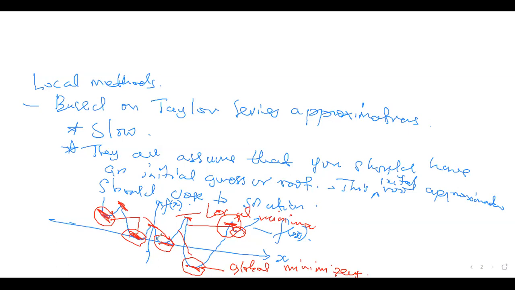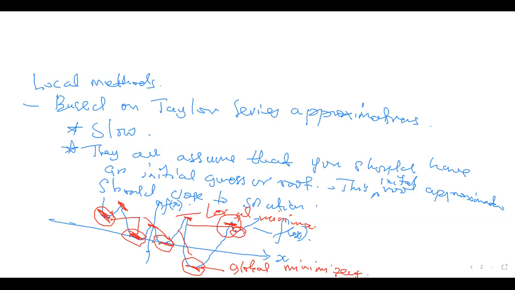But if you need to find a global minimizer of a function or an engineering problem, you may need to approach it in a meta-heuristic approach. Meta-heuristic, I mean more complex, okay? You may not be able to model it with a mathematical expression.